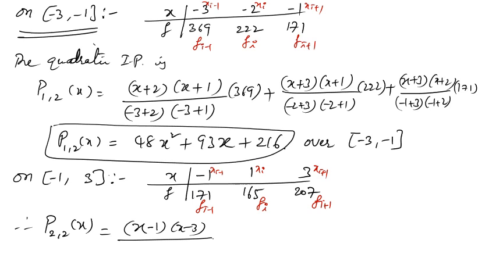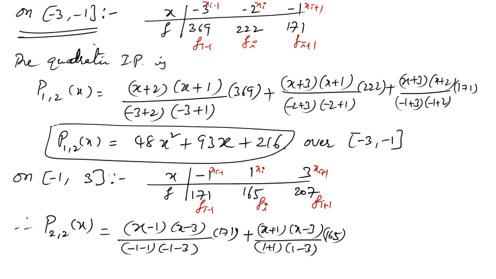This is minus 1 minus 1, minus 1 minus 3, into 171, plus next one x plus 1, x minus 3 whole by 1 plus 1, 1 minus 3, 165, plus last one x plus 1, x minus 1 whole by 3 plus 1, 3 minus 1, 207.